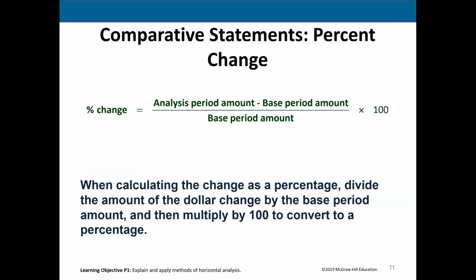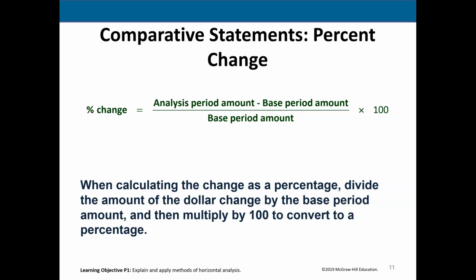Most common, instead of just looking at a dollar change, is to look at a percent change. When you just look at dollars, it's harder because maybe for a smaller company the difference is $10,000, but maybe for a larger company the difference between sales from one year to another could be $1 million, and that $1 million to that large company is hardly anything compared to the amount that they actually make.